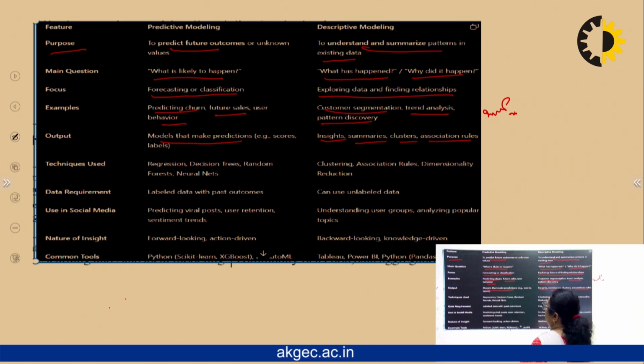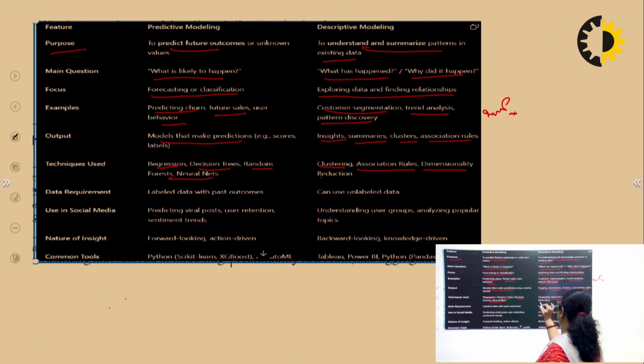For techniques, predictive modeling has regression, decision trees, random forest, and neural nets. Descriptive modeling has clustering, association rules, and dimensionality reduction. For predictive modeling, our data requirement is labeled data with past outcomes, and for descriptive modeling, we can use unlabeled data.